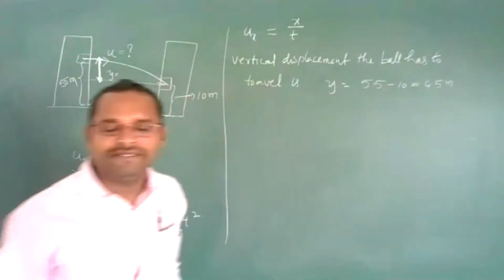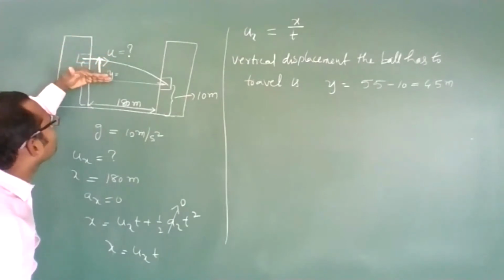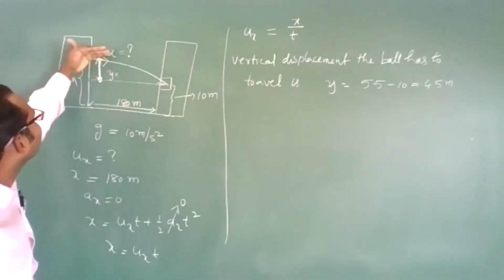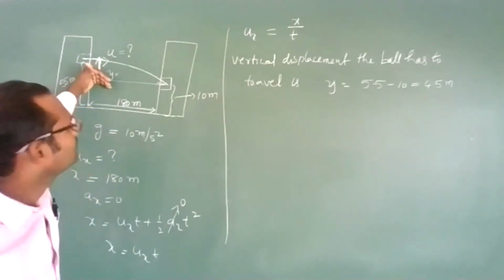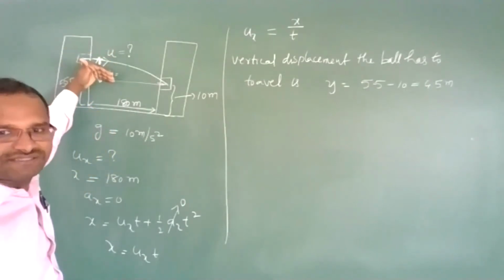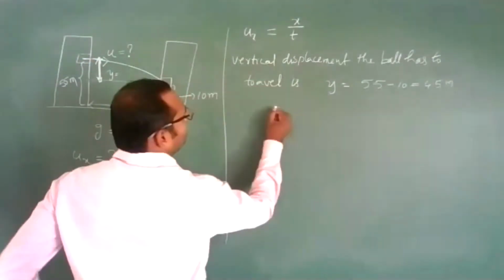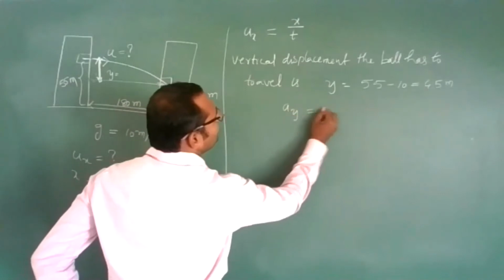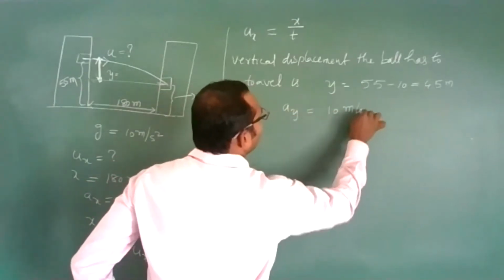Did you understand this point? So this ball vertically has to come to here. Horizontally it is traveling 20, but vertically it has to come down 45 meters. Okay? And vertically we have acceleration 10 meters per second squared.